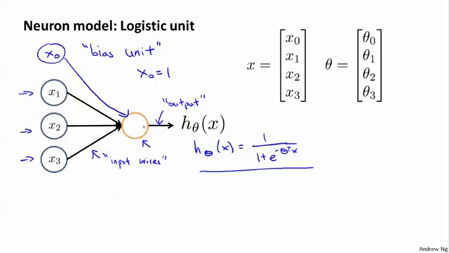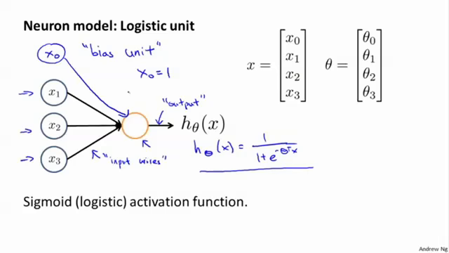Finally, one last bit of terminology. When we talk about neural networks, sometimes we'll say that this is an artificial neuron with a sigmoid or a logistic activation function. This activation function, in neural network terminology, is just another term for that non-linearity g of z equals 1 over 1 plus e to the negative z.